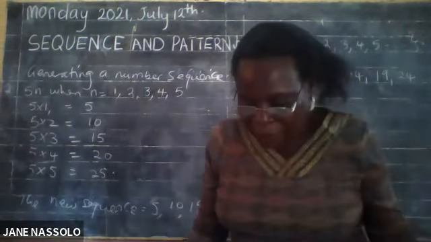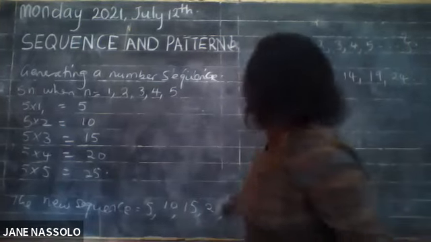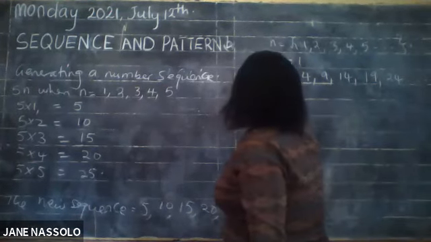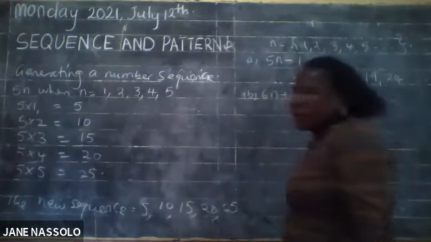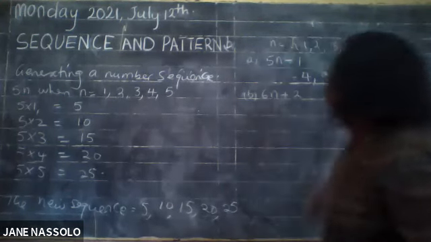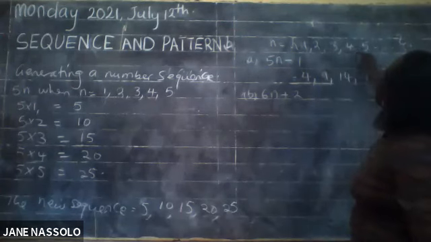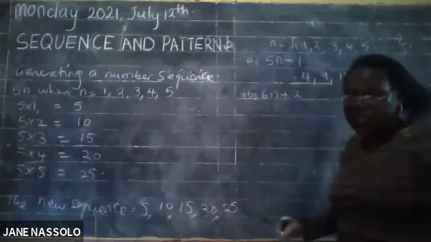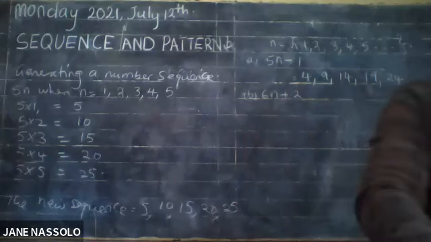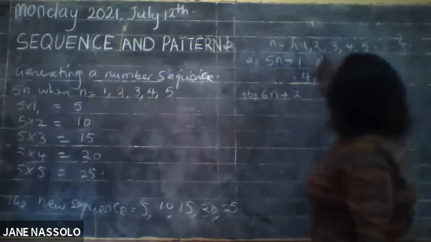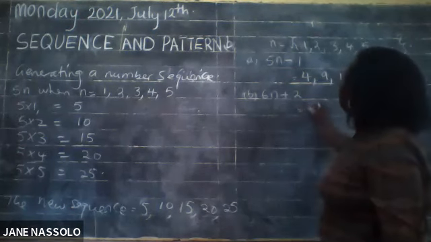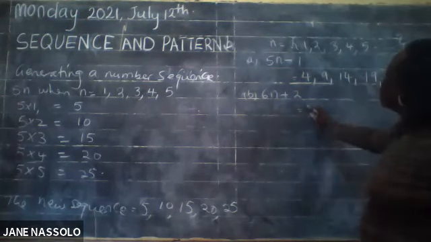Good. Then part B? 6n plus 2. Remember, our n is 1, 2, 3, 4, 5, and so on. There are so many counting numbers, but we have just decided to take the first 5. So, if n is 1, what would be the first number? 8.